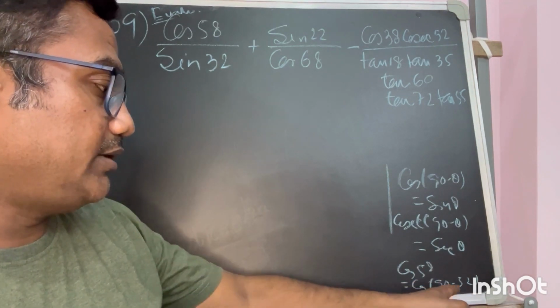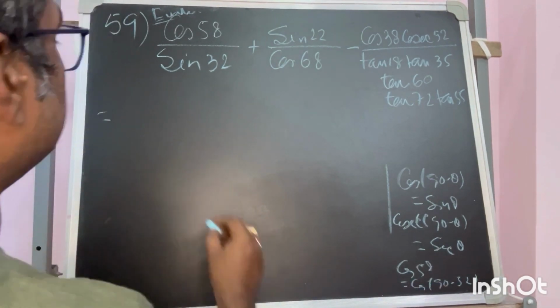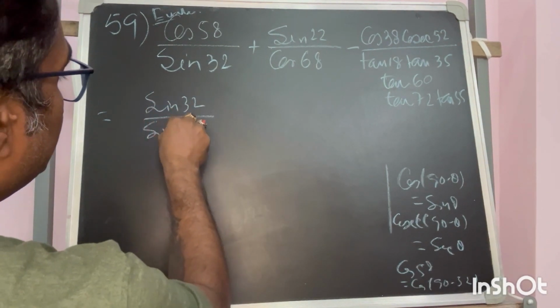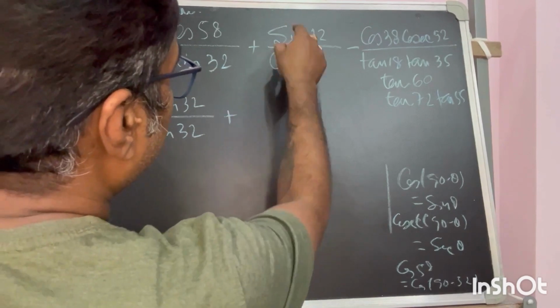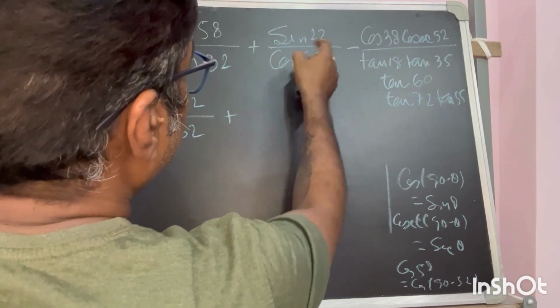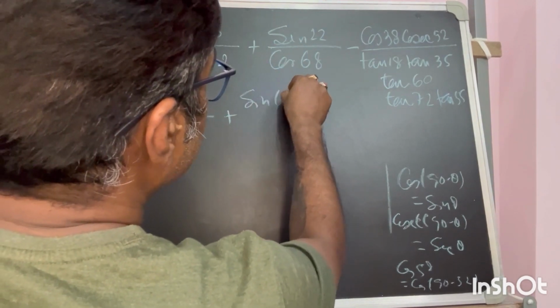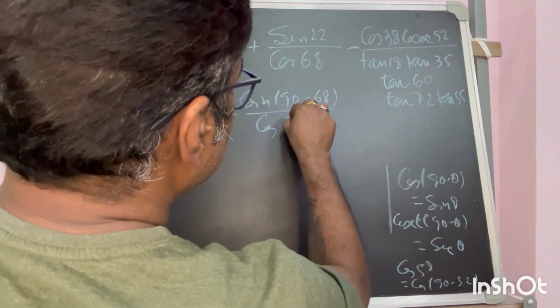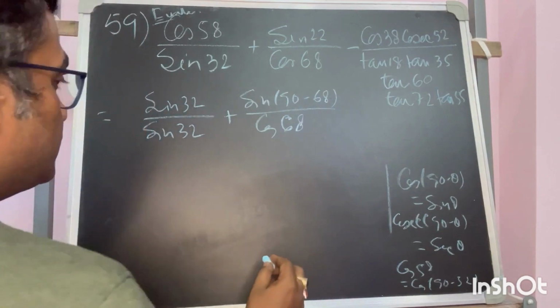Now cos of 90 minus theta is equal to sine theta, so I can write it here as sine 32. Below I will not change anything. Similarly, sine of 22 means sine of 90 minus 68, and there is cos 68 already there, so I will not change it.